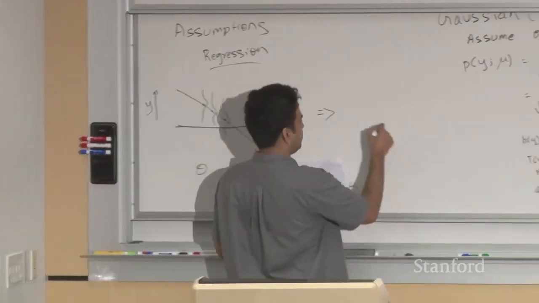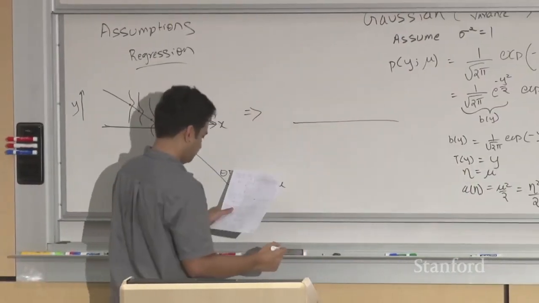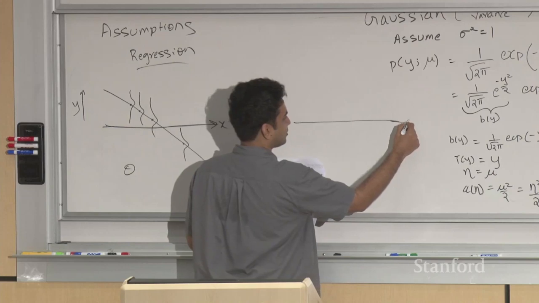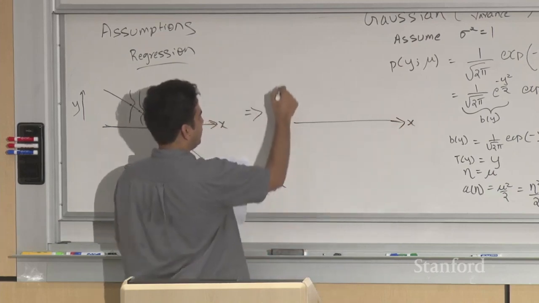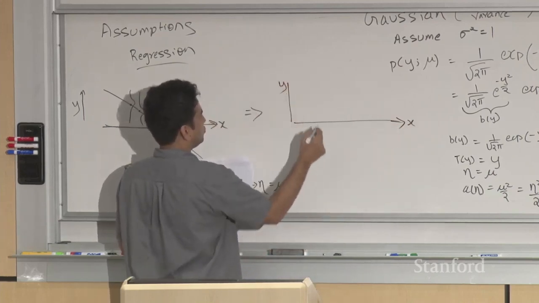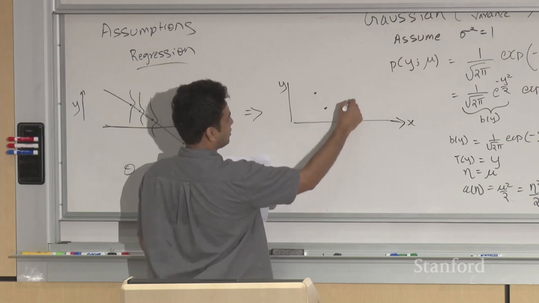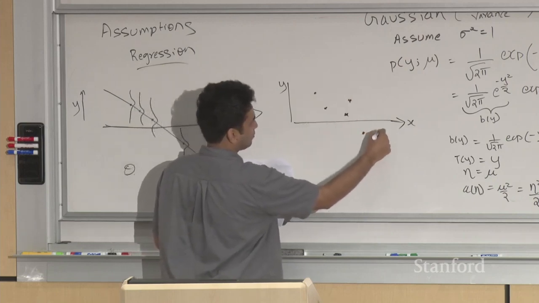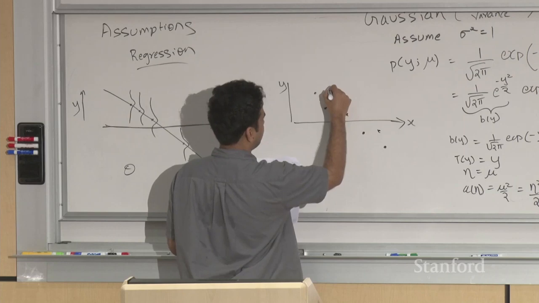So what does it mean? It means you're given x, and let's say this is y. So you would have examples in your training set that may look like this.